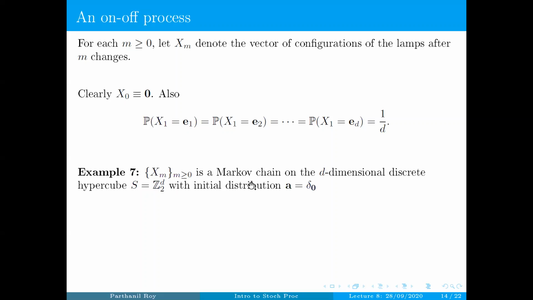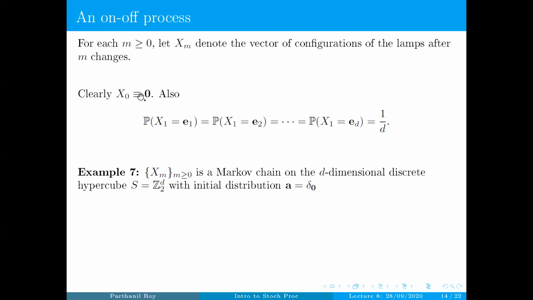With the initial distribution being delta_0, where this 0 is the zero vector. This is the Dirac delta probability on the vector 0, which means this distribution puts mass 1 on the vector 0 and 0 everywhere else.